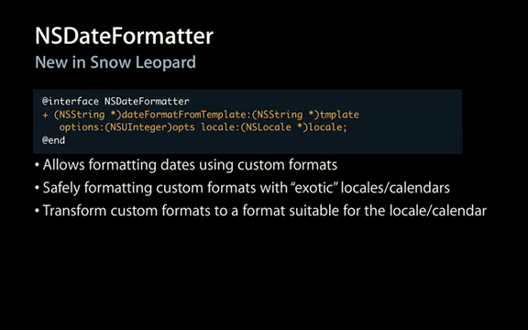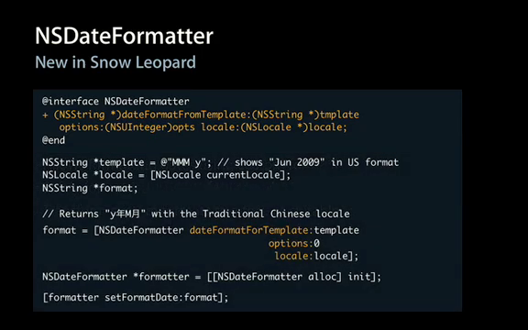And let's take a look at the code here. In this example, we're using MMMY as a template format. It should show abbreviated month names and year. In US format, it should display June 2009. You can pass the template format and a locale.